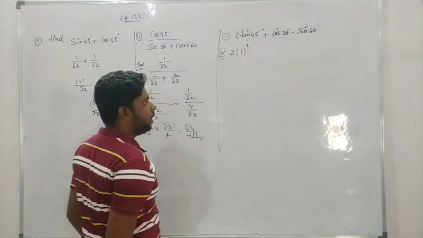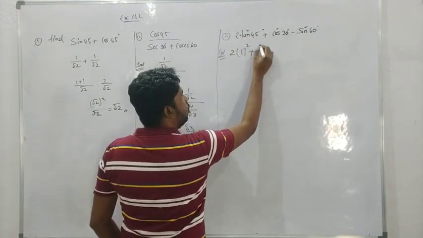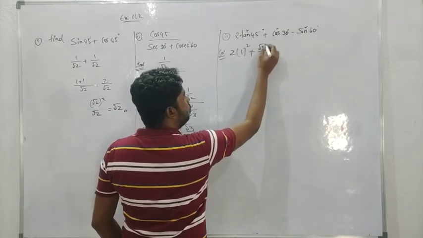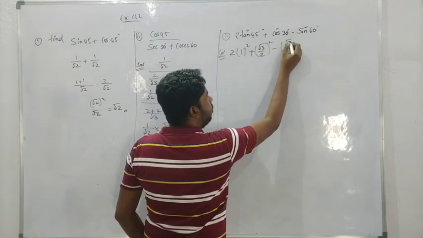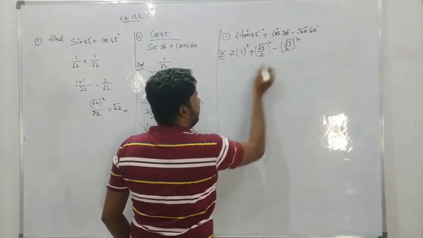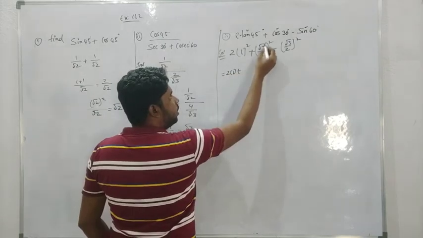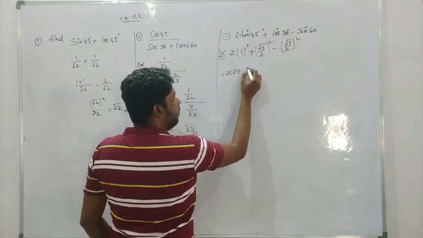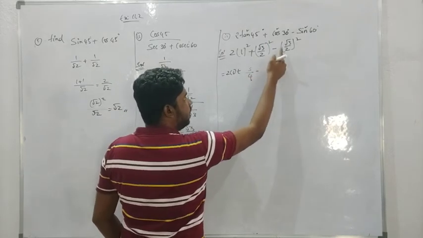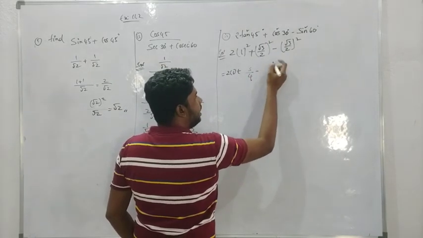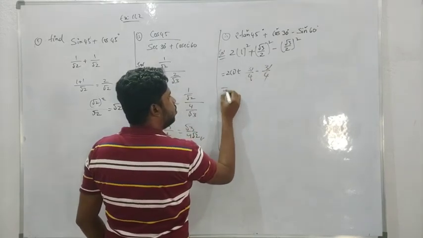Now plus cos 30 value is root 3 by 2, to square, minus sin 60 value is root 3 by 2 whole square. So what I get, 2 into 1 square is 1, plus the square root can cancel, left with 3 divided by 2 square is 4, minus 3 divided by 2 square is 4. This gets cancelled, 2 ones are 2.